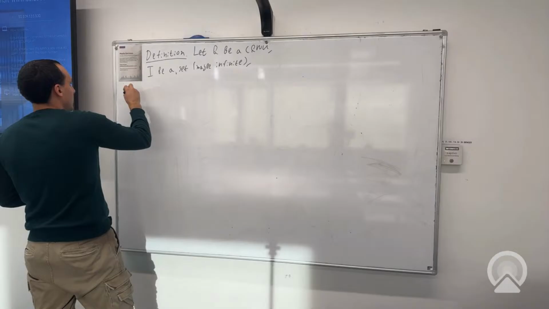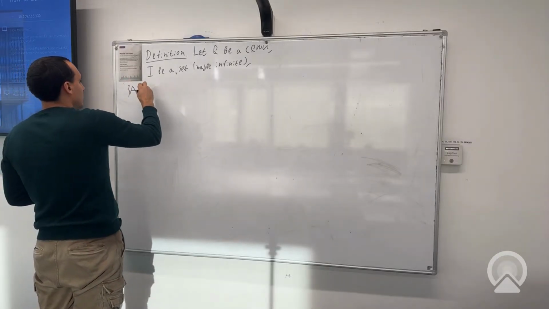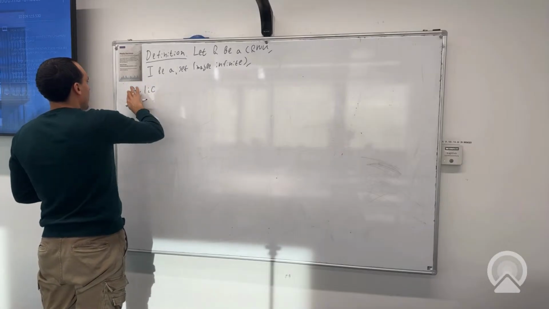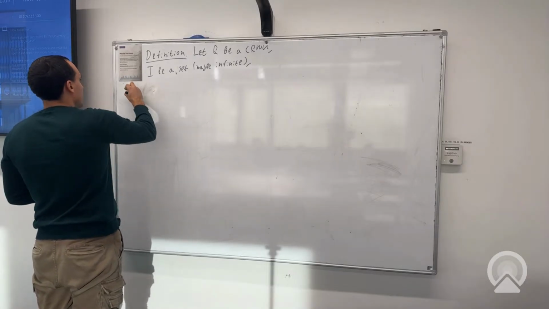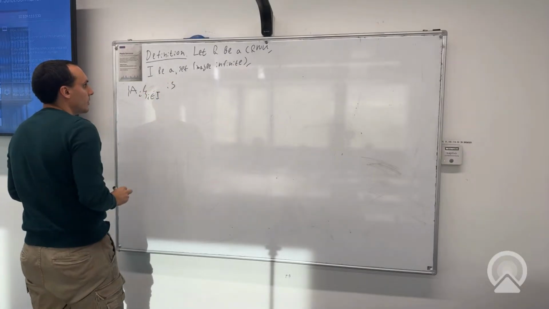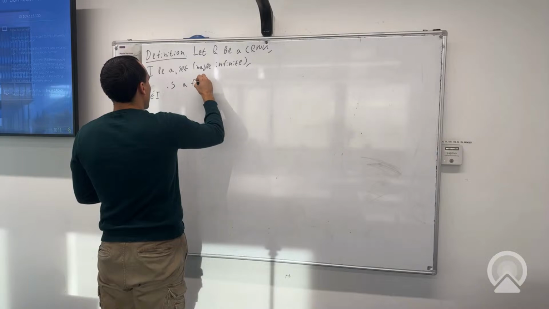And we have a family of A_i for i in E, which is a family of R-modules.